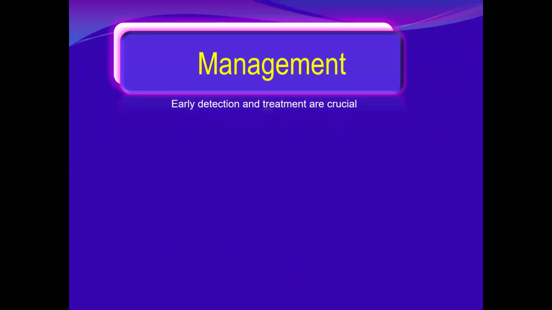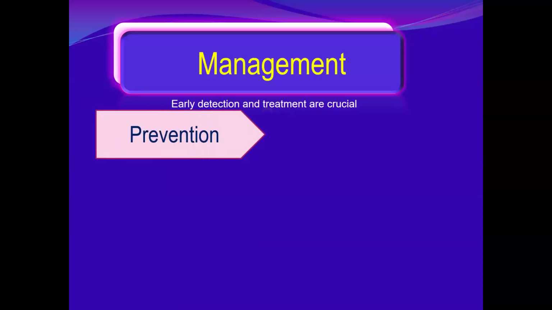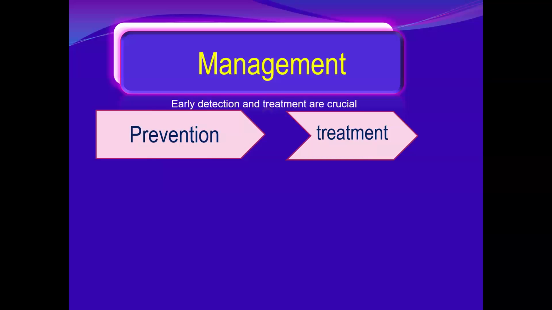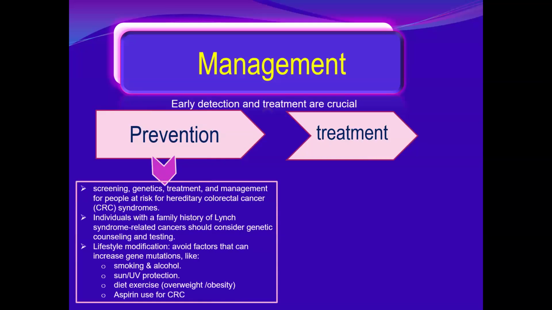So the management, definitely early detection and treatment are crucial. Prevention is better than treatment. And as we mentioned earlier, we have to screen, genetic testing, early treatment. An individual with family history of Lynch syndrome should consider genetic counseling and testing.